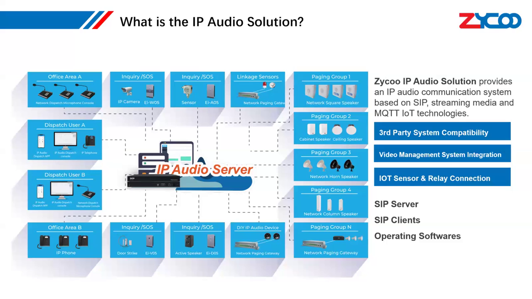We can provide a system with everything in it, and we can also provide compatibility with third-party speakers as long as they are SIP enabled. So we can add third-party speakers or other devices into our system, and you can also add our speakers into their system too. In the market, it's not very common. Only we can do that. So that's the reason why customers choose us.